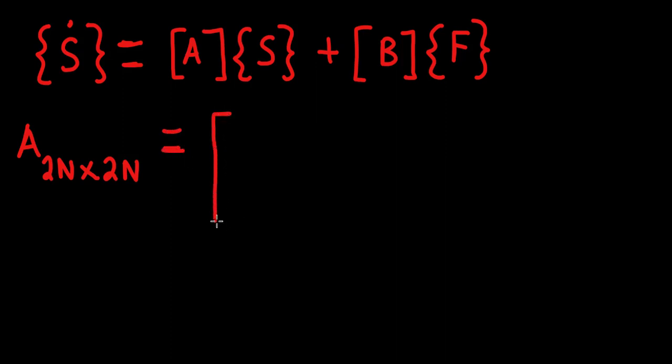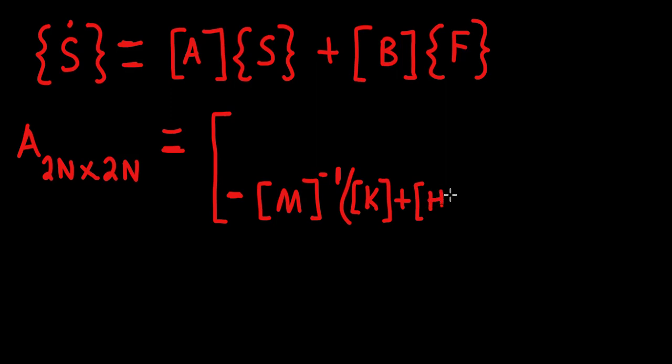In the bottom left, we have the negative of M inversed, the mass matrix inversed, times the sum of K and H, our stiffness and circulatory matrices.